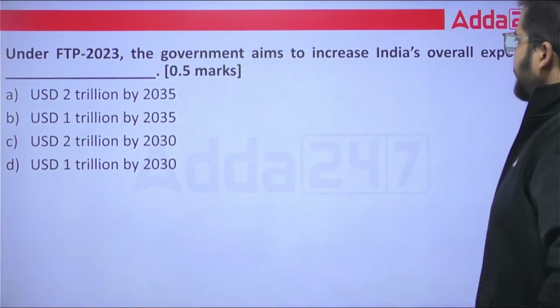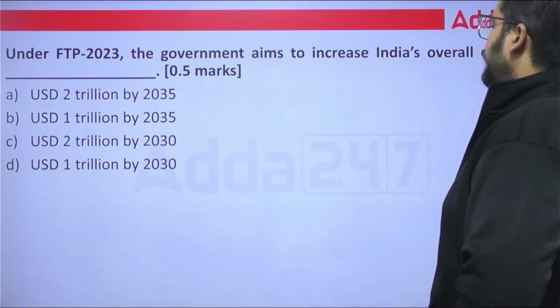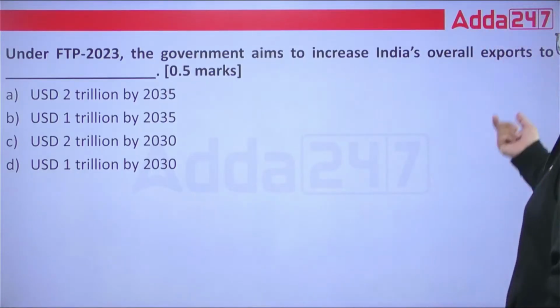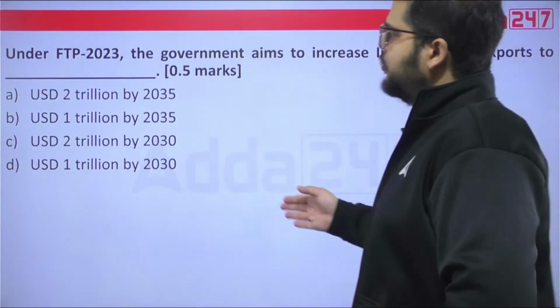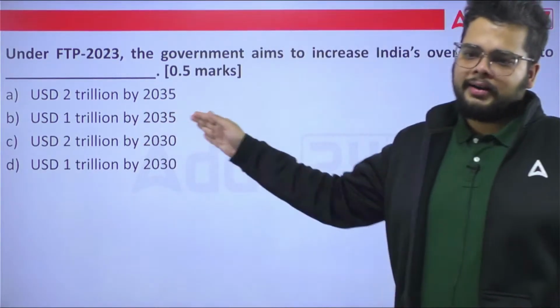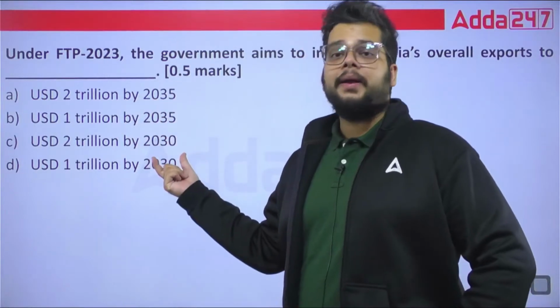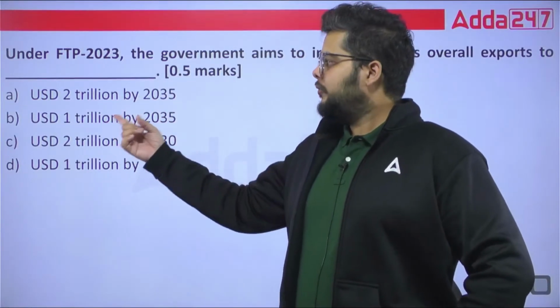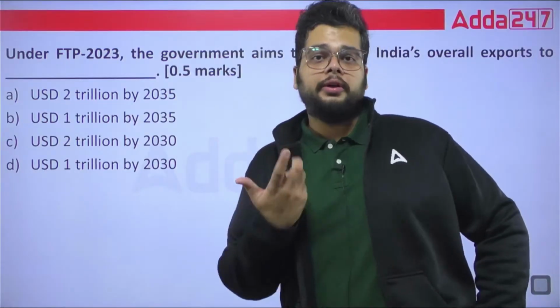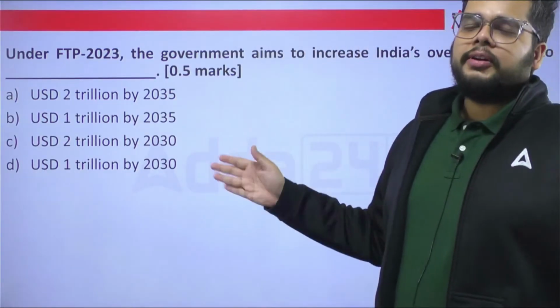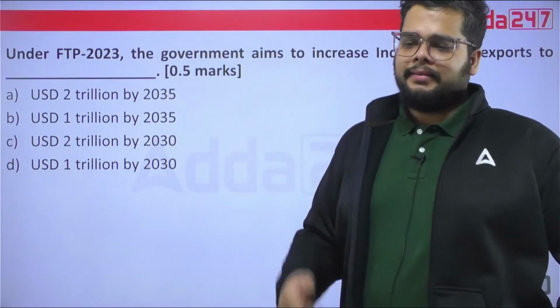So what is the aim of the government when we talk about increasing India's overall exports? Whether it is $2 trillion, $1 trillion, or for that matter $2 trillion by 2035 or by 2030, $1 trillion by 2035 or 2030. Such kind of confusing options will be there in the exam as well.